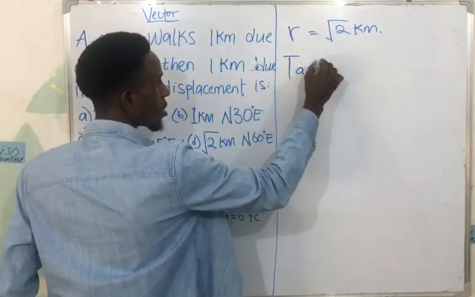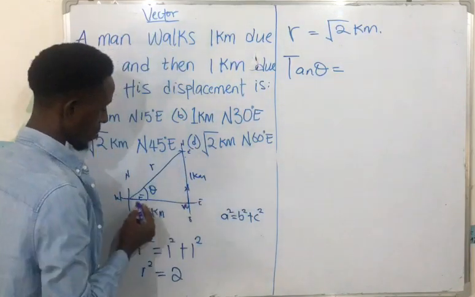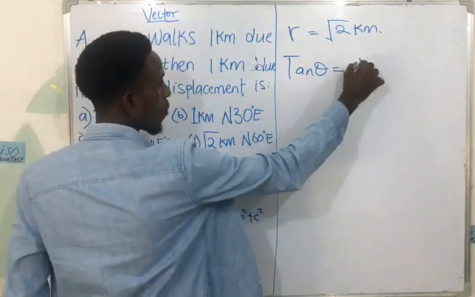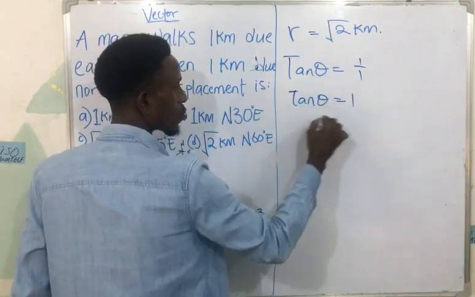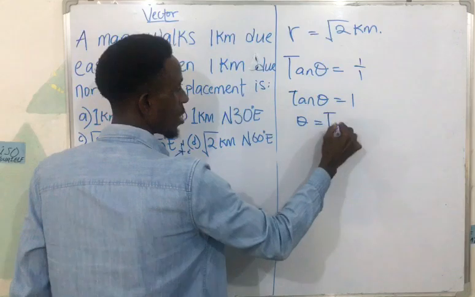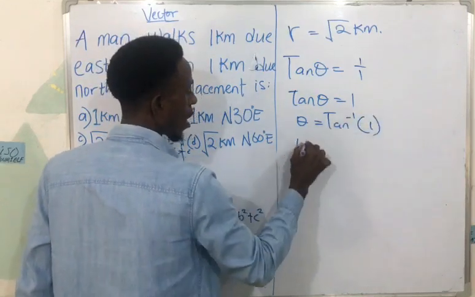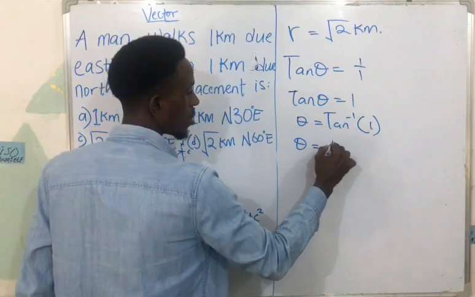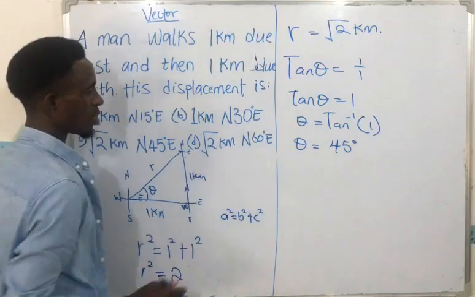So tan theta is opposite here is 1, adjacent is 1. So I have 1 over 1. So my tan theta is equal to 1. So theta is the arctan of 1. And the arctan of 1 is what? Is 45 degrees. So this gives me 45 degrees.